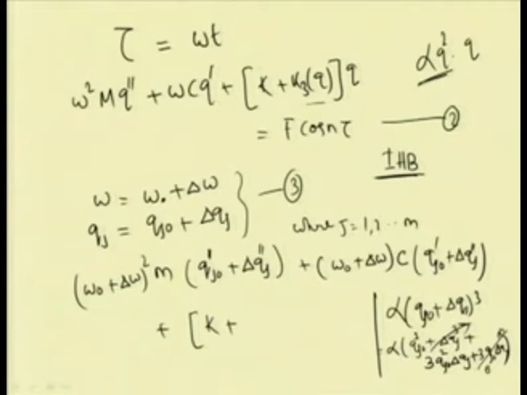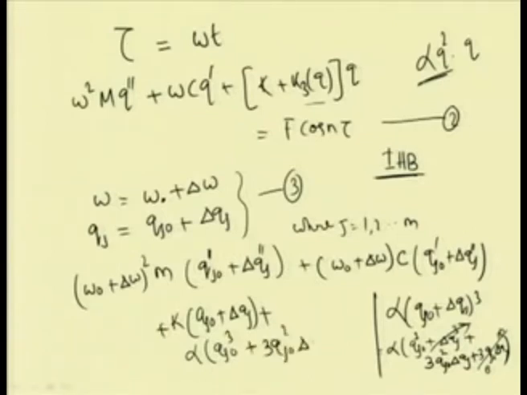By expanding, I can write k into q j 0 plus delta q j, and similarly for the cubic nonlinear term, these terms will be there only. So it will be alpha into q j 0 cube plus 3 into q j 0 square delta q j. This will be equal to f cos n tau.